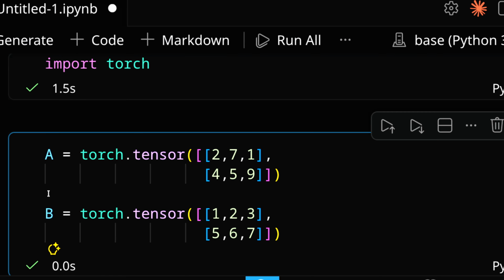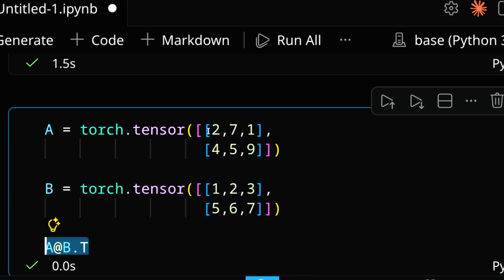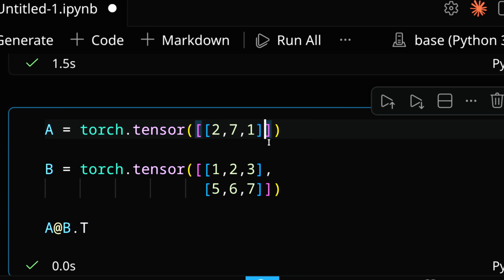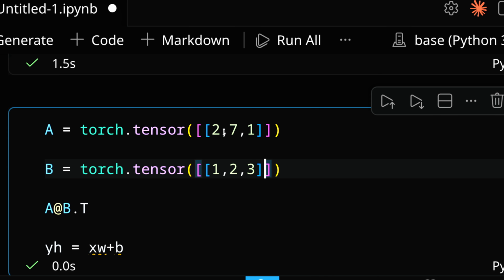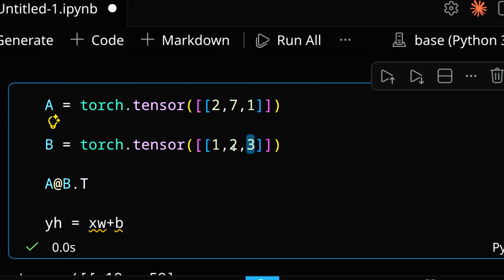It actually consists of dot products. Say if I do this, then I would element-wise multiply these and add the results. So 2 times 1 is 2, 7 times 2 is 14, 1 times 3 is 3. So 2 plus 14 is 16, plus 3 is 19. So that would be 19 as a result.